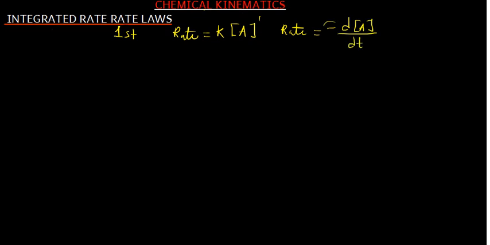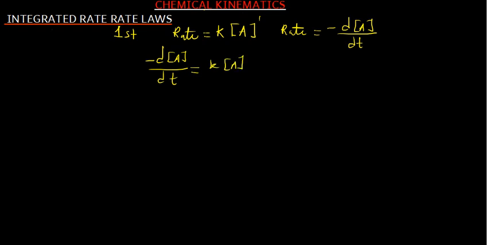Because we're talking about the reactants, we always put a negative there because reactants disappear. Because this is rate, and this is also rate, we can equate these two, and so we're going to have negative dA divided by dt being equal to Ka.